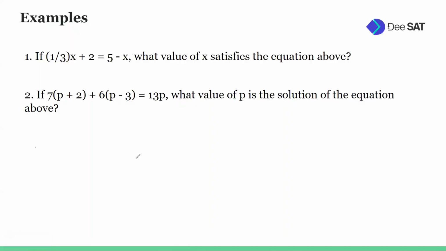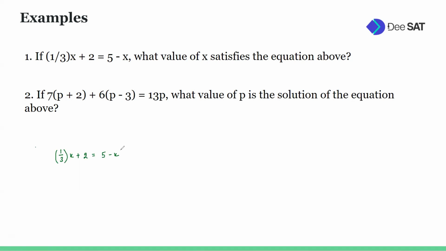Let's work on some examples for better understanding. I'm using the graphical method for the very first example and the regression method for the second one. The first equation says 1/3 times x plus 2 is equivalent to 5 minus x. What value of x satisfies the equation above?